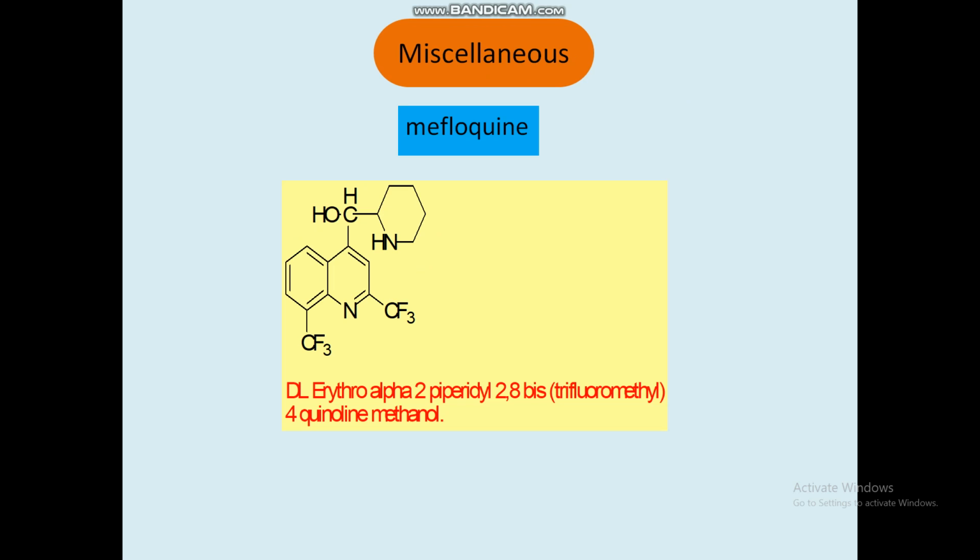The mechanism of action of mefloquine is similar to chloroquine. What is the mechanism of action here? It inhibits heme polymerase, for chloroquine, quinine and mefloquine. Next, it accumulates in infected RBCs, red blood cells, binds to heme, and this complex damages the parasite's membrane.